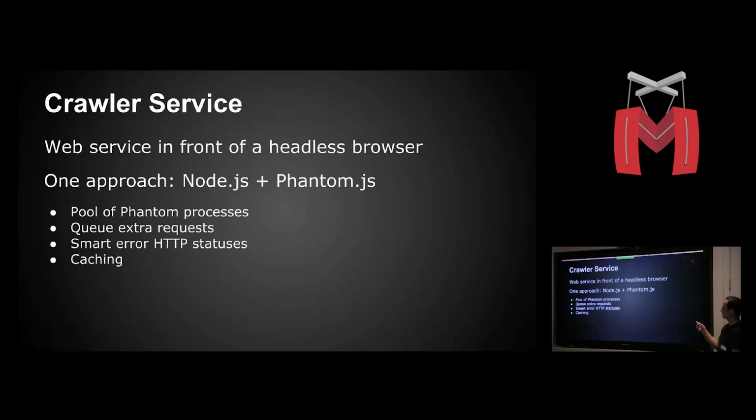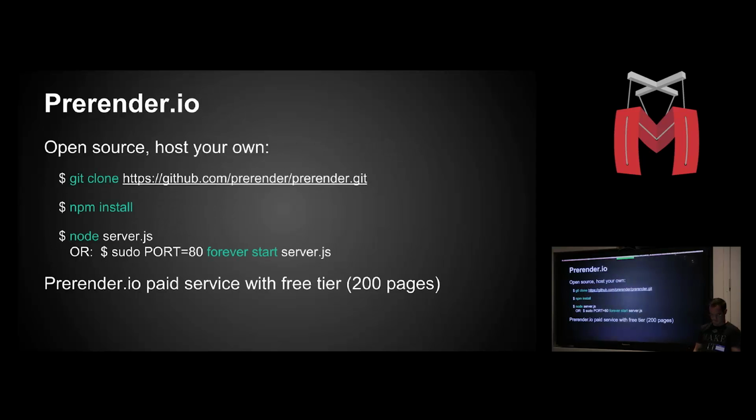So I did build one of these with some neat features to make it resilient. Took a week in Node.js, and then out came Prerender. And they did it better. And they did it for free. So if you were to run a Prerender server on your own, you would just need a server.